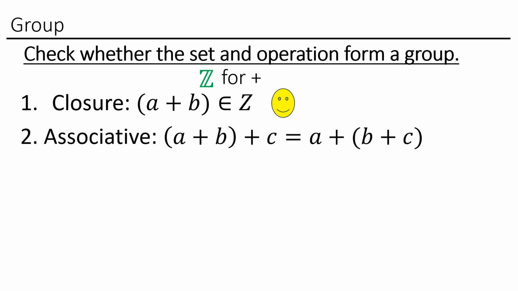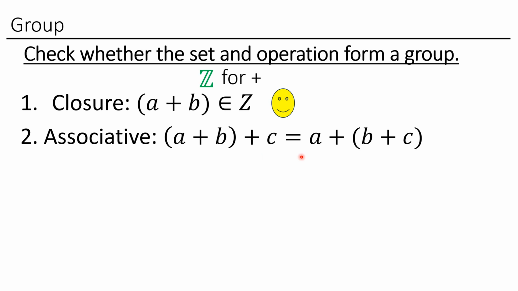Now, number 2 is the associative property, which we talked about earlier. This one is pretty easy too. It just means that we can add any 2 together. So this is for addition. If you think about plugging in some numbers here, so 1 and 2 and 3, we can say 1 plus 2 is 3, and 3 plus 3 is 6.